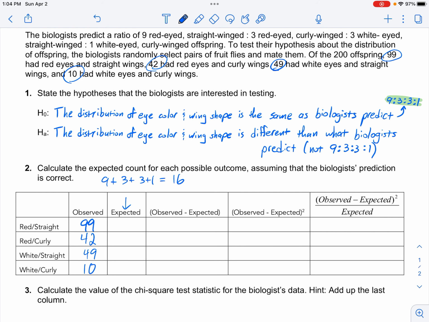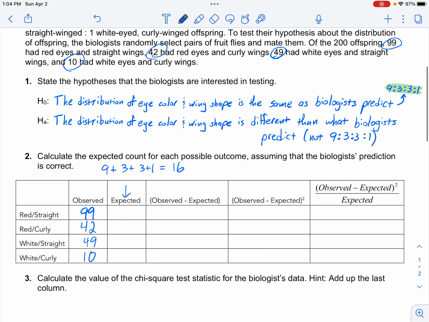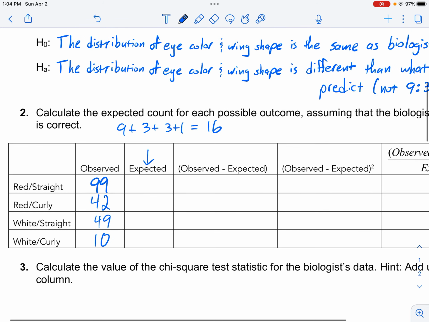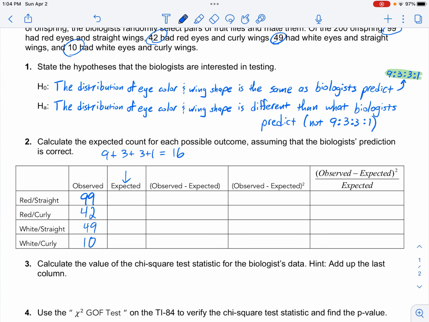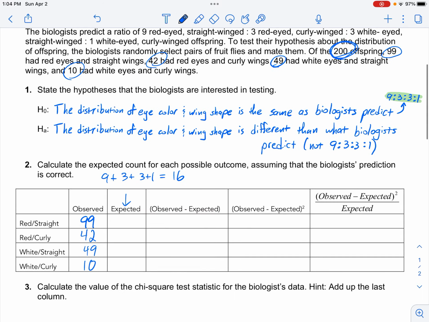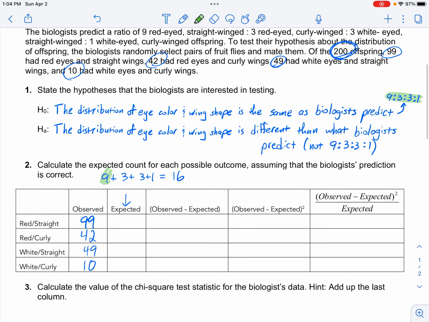So the expected counts come from the ratio. I should have left a little more space here. So for the first one, we had how many total? We had 200 total. Of 200, how many would you expect to be in this first group? Well, if you had 16 fruit flies, you would expect 9 of them to be red eyes and straight wings.